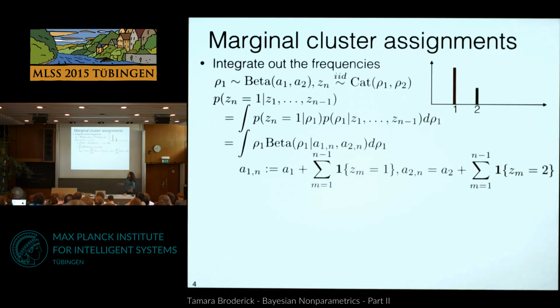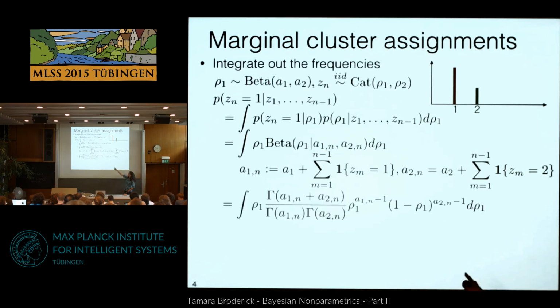And finally, we want to find out what this integral is. Let's plug in the form of the beta. All I'm doing here is bringing rho 1 down and plugging in the form of the beta distribution, which we know from yesterday. And now here's the classic trick: note that this has the kernel of a beta distribution again. It's rho 1 to some power times 1 minus rho 1 to some other power.